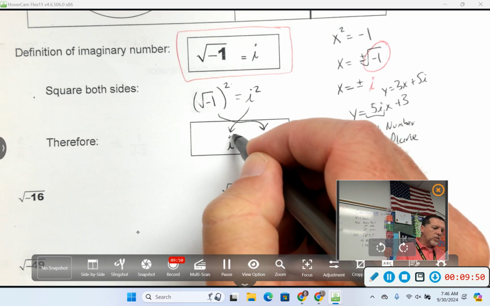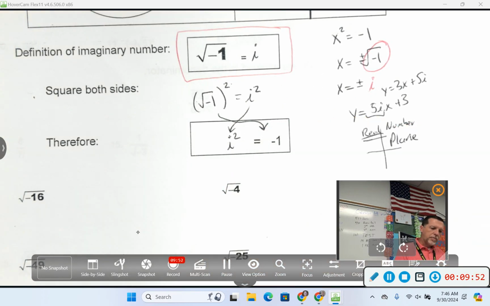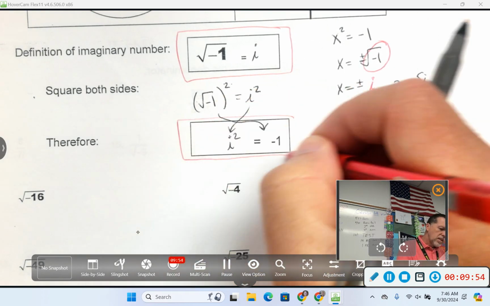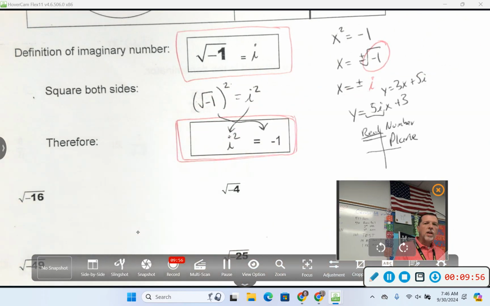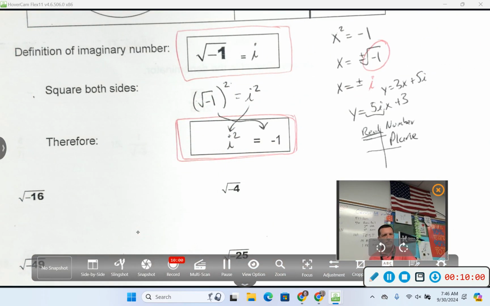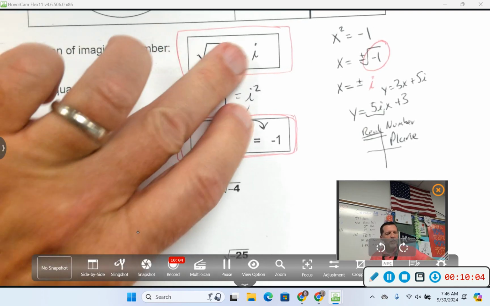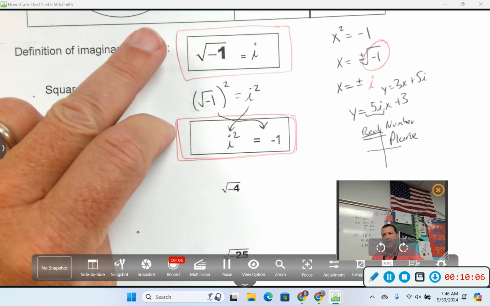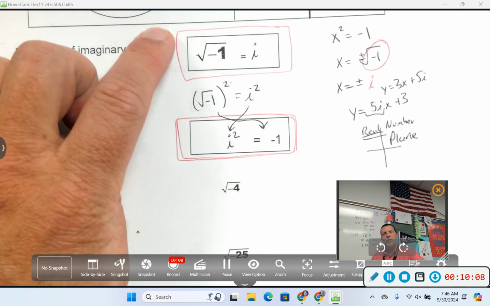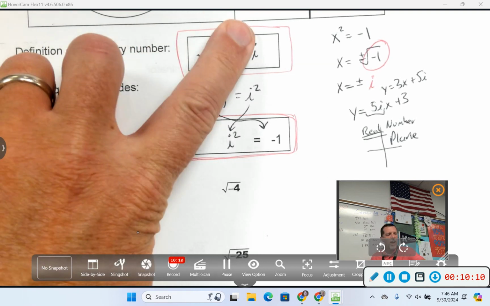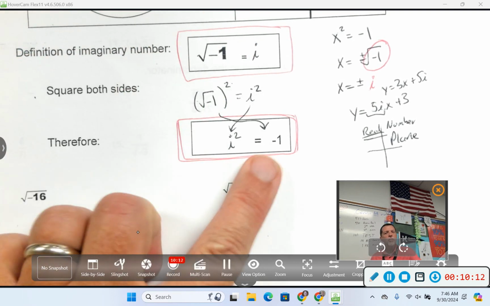But that means i squared equals negative 1. i squared is negative 1. I know maybe it feels like one of those is backwards, but this is how we use them. Like if you see square root of a negative, you change it to i. If you see i squared, you change it to negative 1.